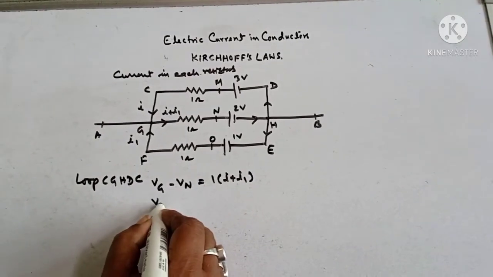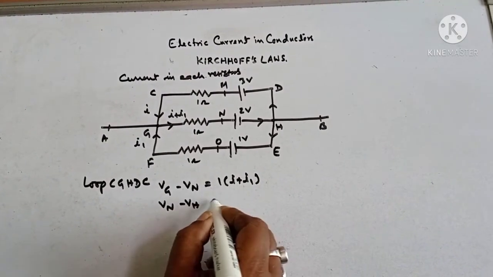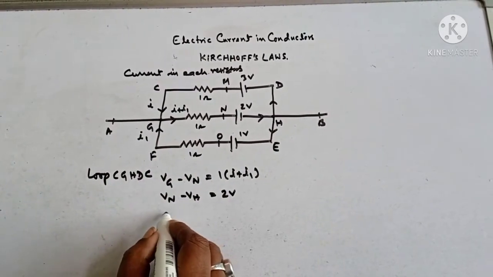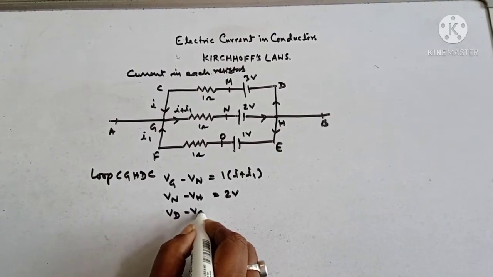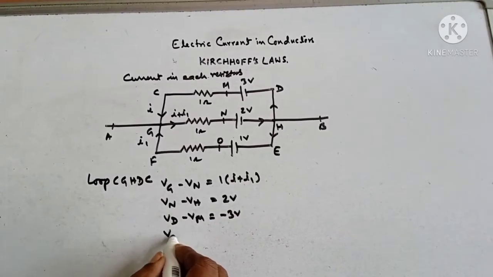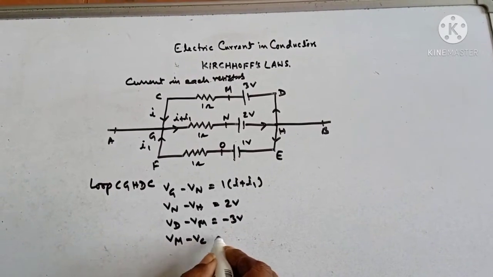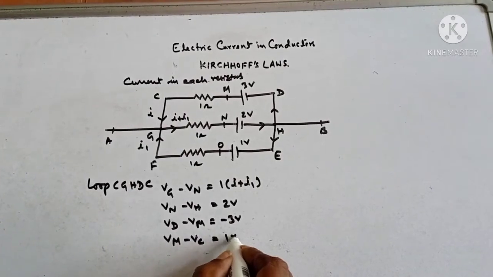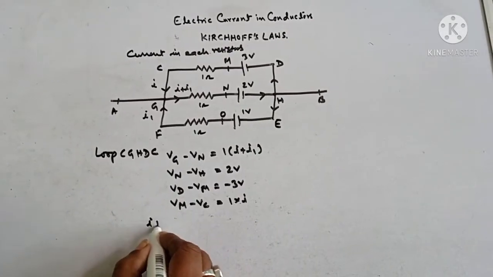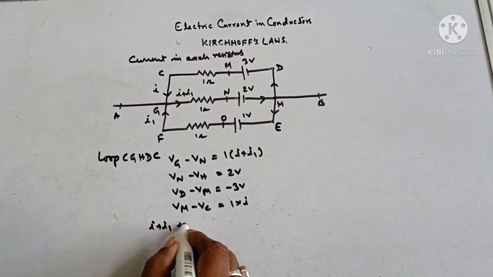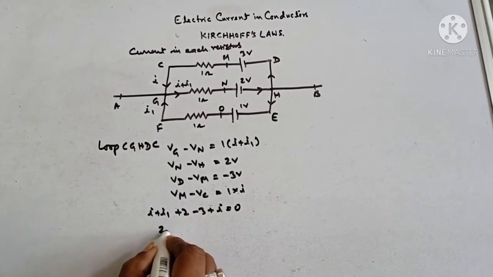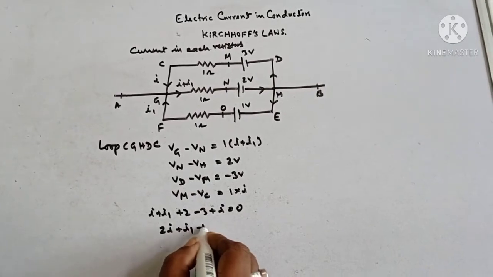Now Vh minus Vd from higher to lower, so this is 2 volt, and Vd minus Vm from lower to higher, so this is minus 3 volt, and Vm minus Vc is equal to 1 into I. So total potential is 0. So I plus I1 plus 2 minus 3 plus I is equal to 0. So this is 2I plus I1 minus 1 equal to 0.